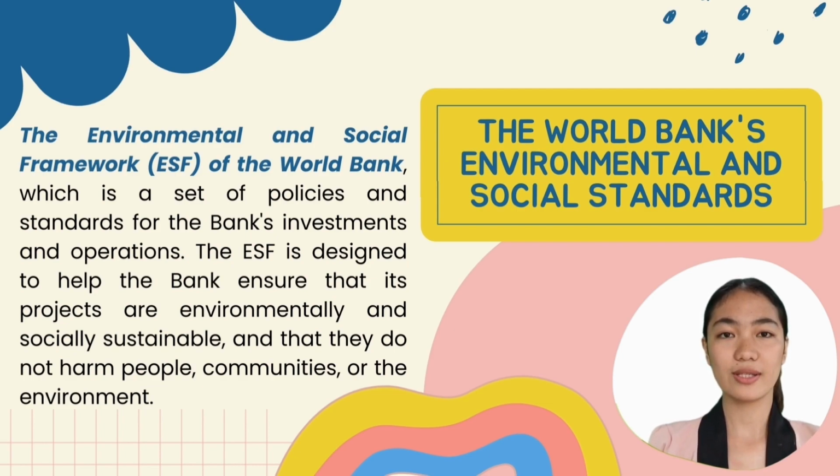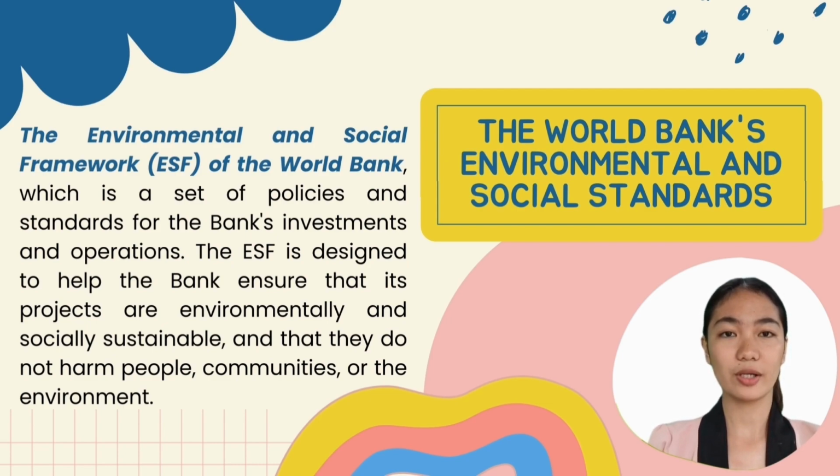The ESF consists of 10 environmental and social standards, which cover a range of topics including labor rights, community health and safety, biodiversity conservation, and climate change. These standards apply to all World Bank projects regardless of their size, sector, or location.